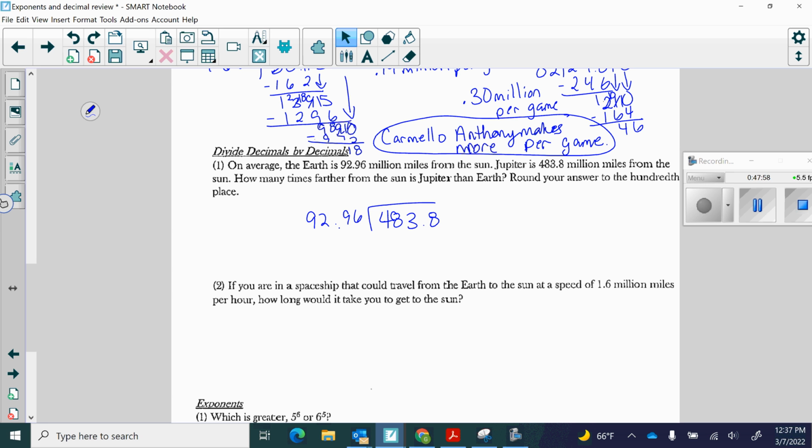So the first thing I need to do is move my decimal twice in both places and add a 0. So now I have 92, 96 and 48380. And my decimal is here. So 9,296 can go into 48,380 5 times.